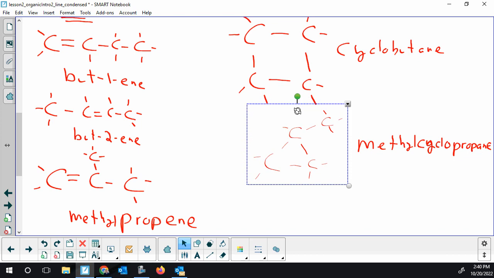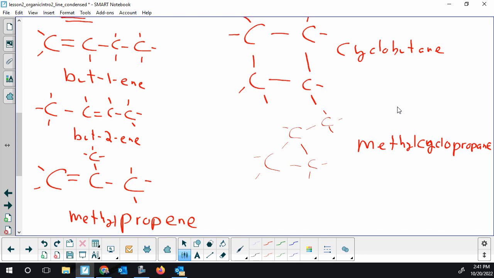It's the only structure. They're the same. Or you could flip it right to left, and it's still methylcyclopropane. So there's no other places I can put that methyl group, so that's it for the cyclopropanes, and cycloethane doesn't exist. 2 things don't make a ring. So it's been long, but we are now done.